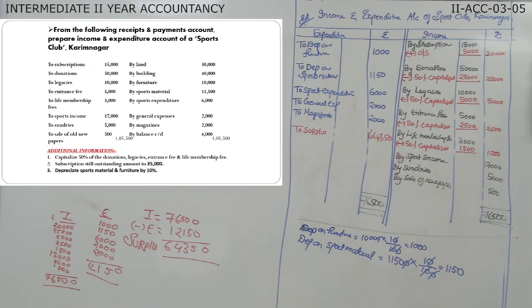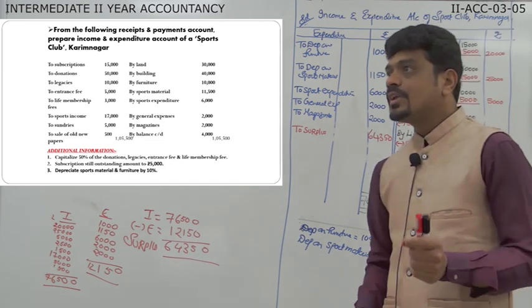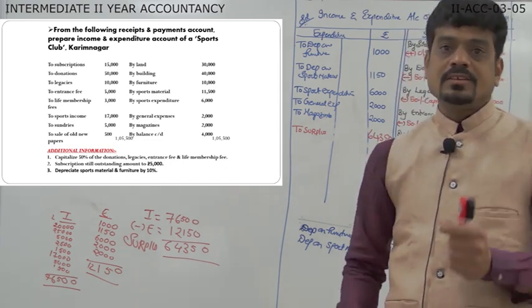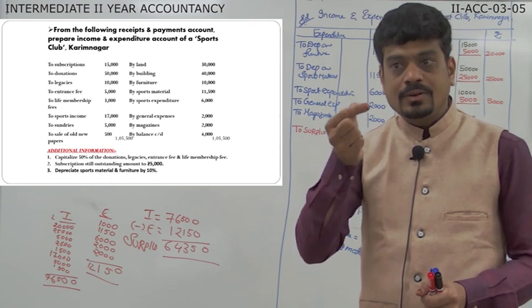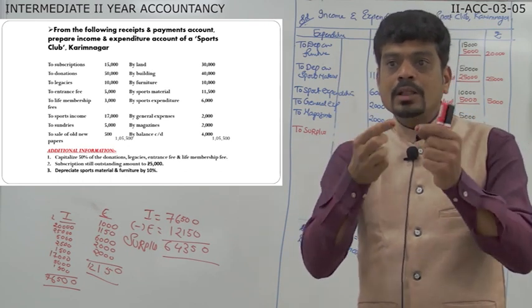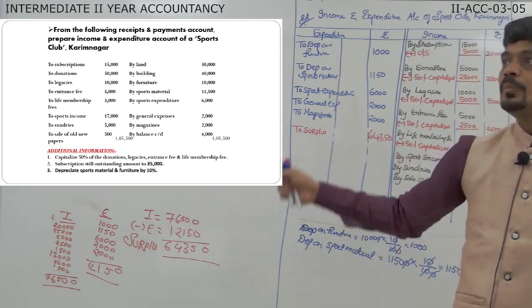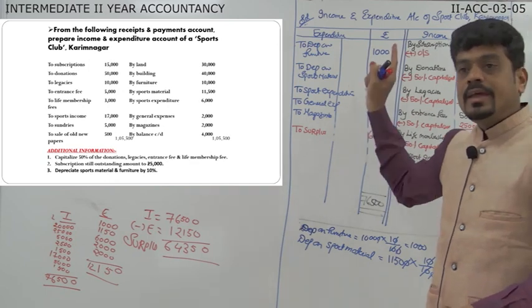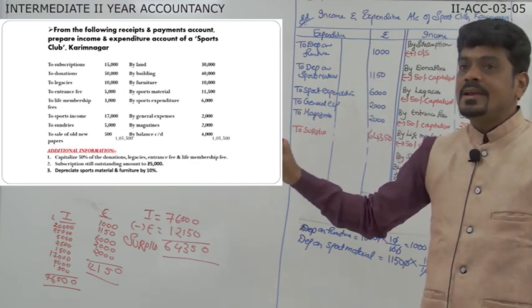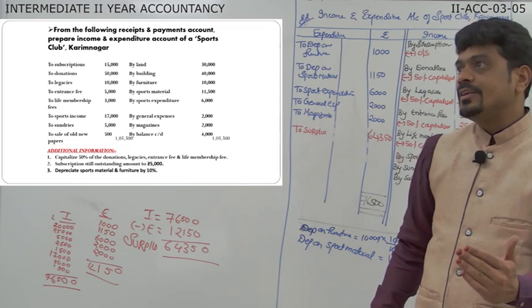Once again, keep in mind, whenever you are supposed to solve the problem, it's always advisable to start from the receipt side. Always start from receipt side, pick up all the revenue receipts, post them as income. Then take up all the revenue payments, post them as expenditure.